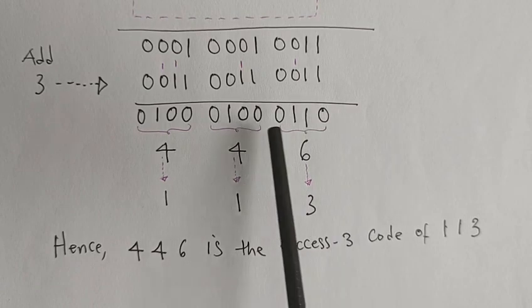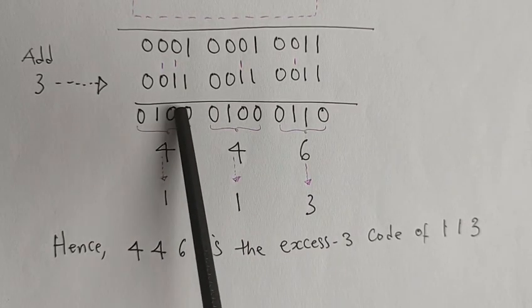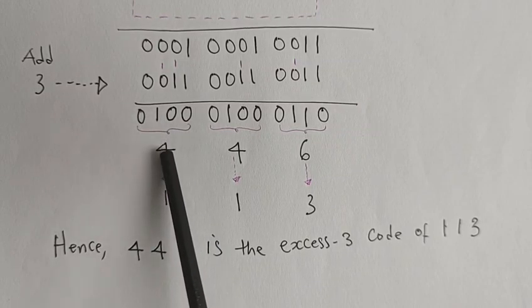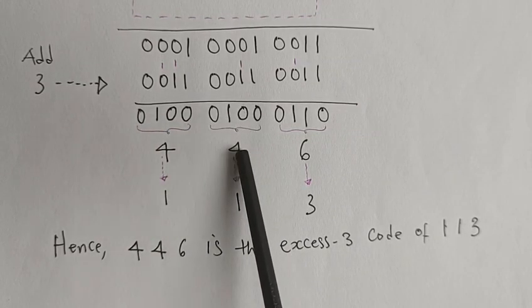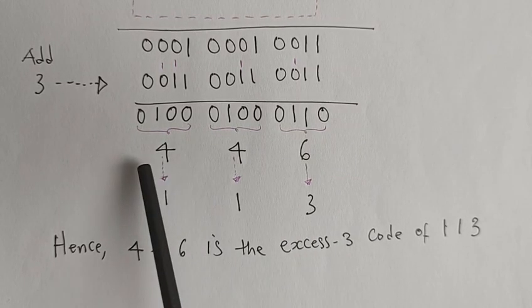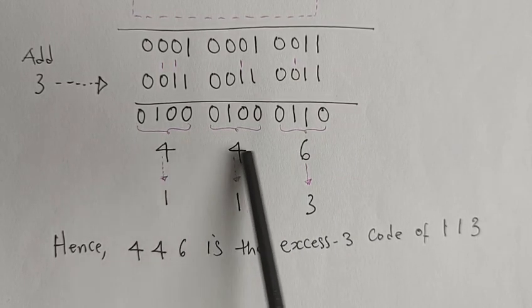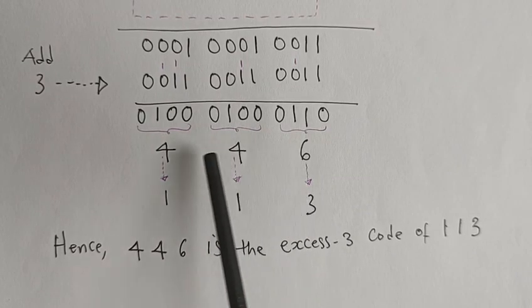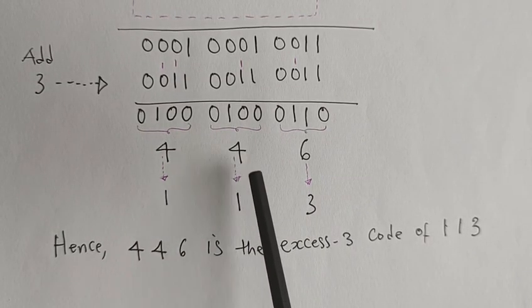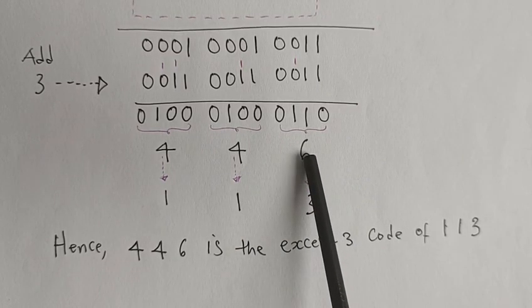Now we've obtained our result, which if you have to represent this in decimal, this is going to be 4. And this is going to be 4. This is going to be 6. Alright, so if you have to subtract 3 from this value, you will say 4 minus 3, we're going to get 1. 4 minus 3, we're going to get 1.